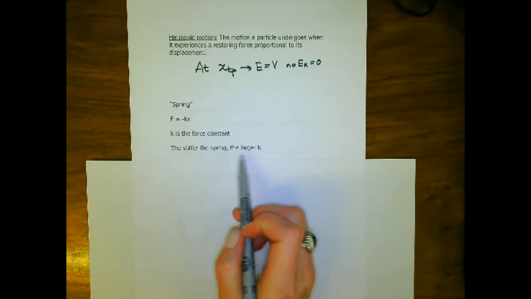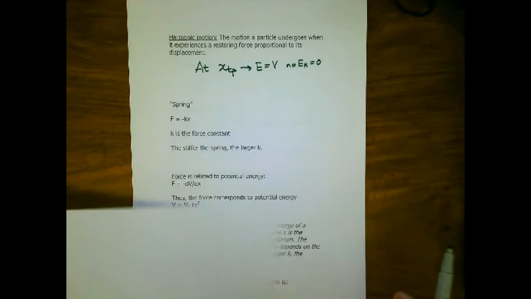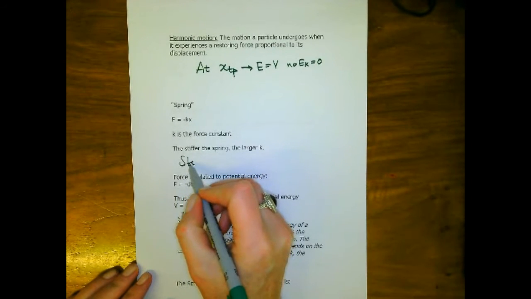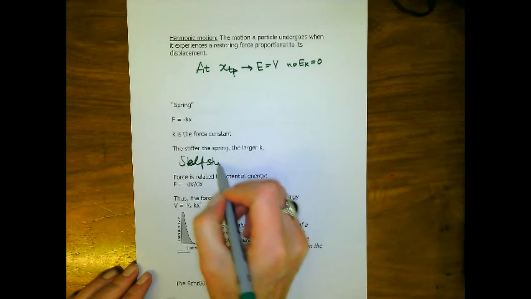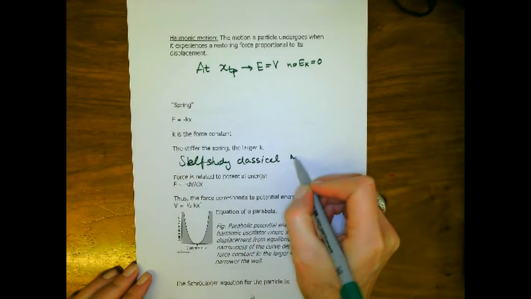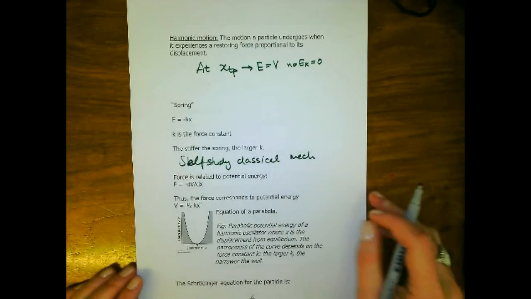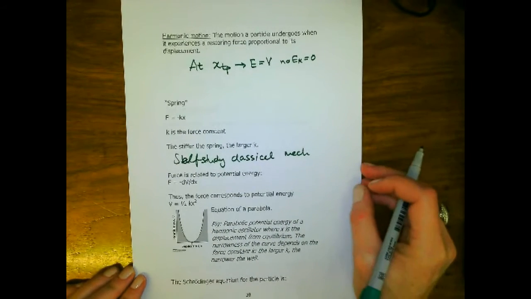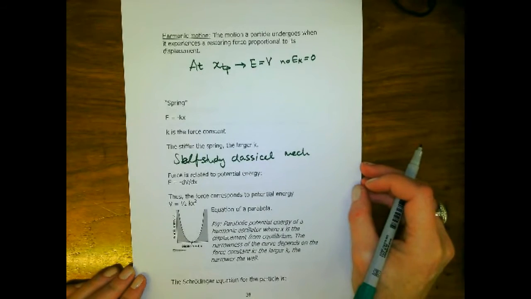And the stiffer the spring, the larger the k. So I would recommend that you do a bit of self-study on the classical mechanics of this system, if some of this is a bit foreign to you, so please spend some time on that.